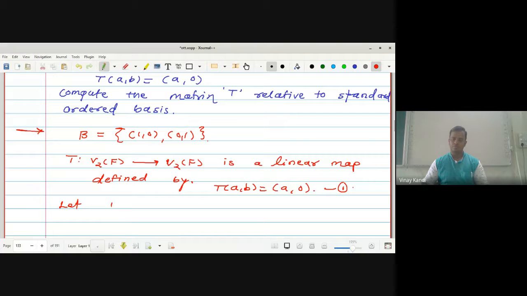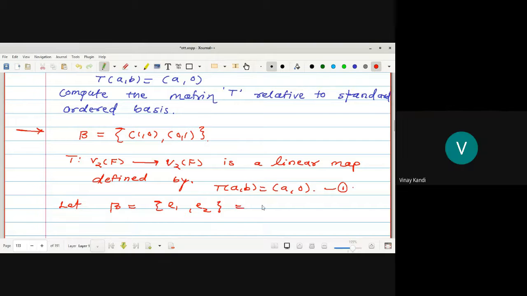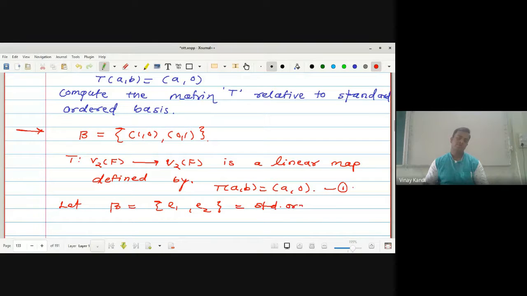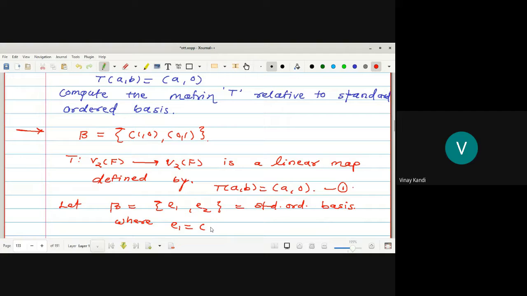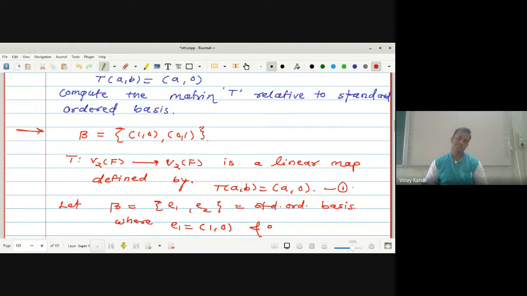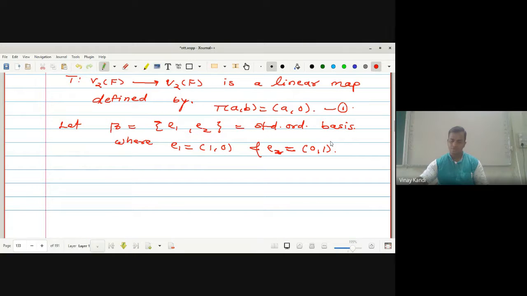Let B is equal to {e1, e2}, which is equal to the standard ordered basis, where e1 is equal to (1, 0) and e2 is equal to (0, 1).